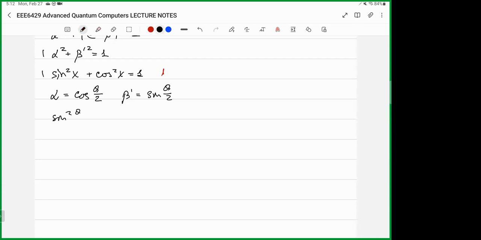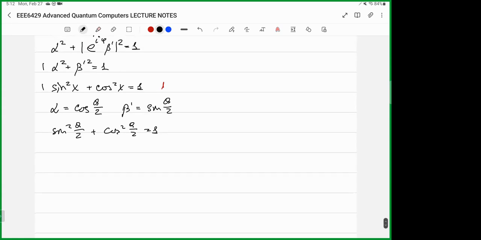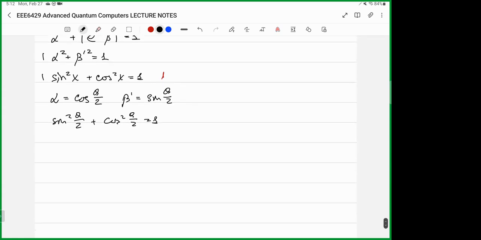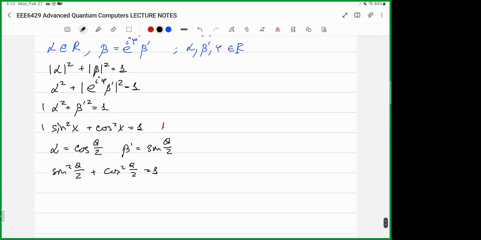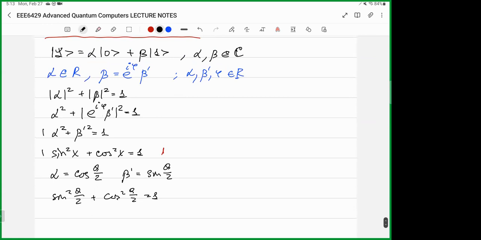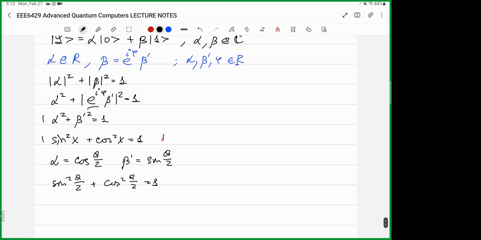Sine squared of theta over 2 plus cosine squared of theta over 2 equals 1. So we basically change the variables from alpha and beta prime to sine and cosine of theta. And don't forget about this phase term also.